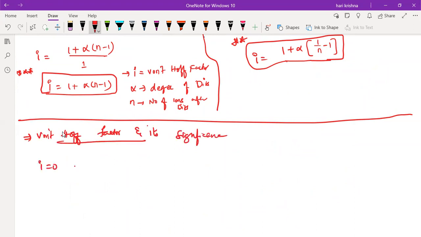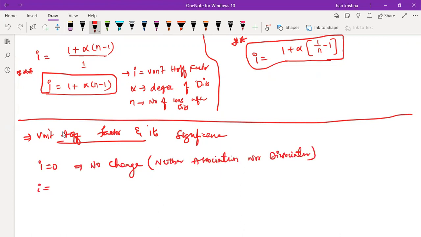If i equals 1, there is no association and no dissociation, no change. If i is greater than 1, that is dissociation. If i is less than 1, that is association.